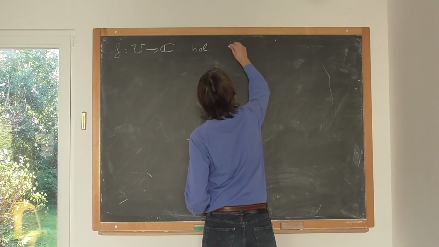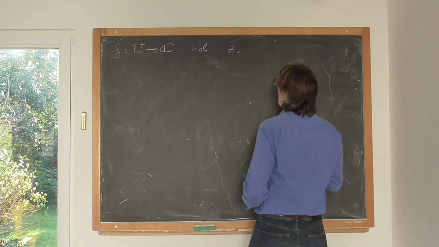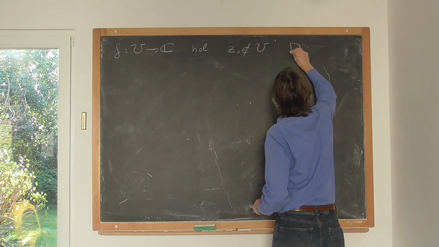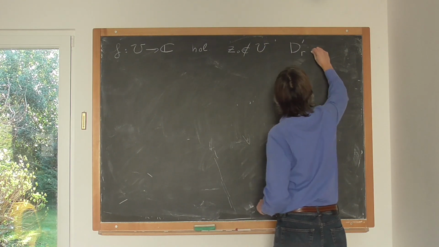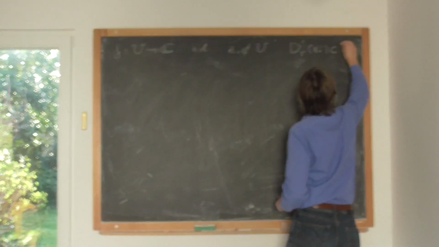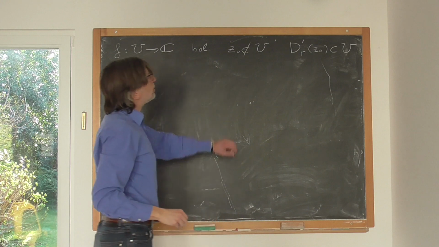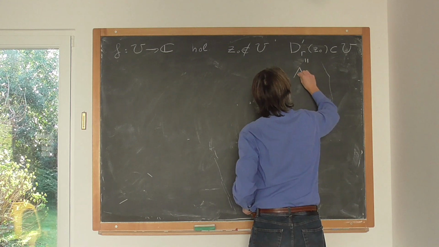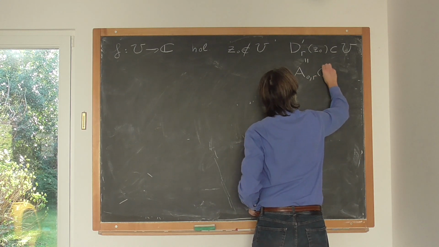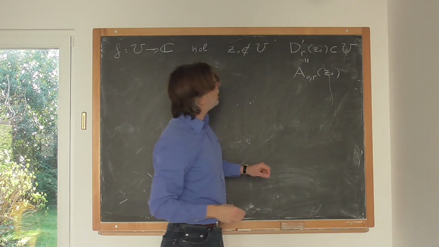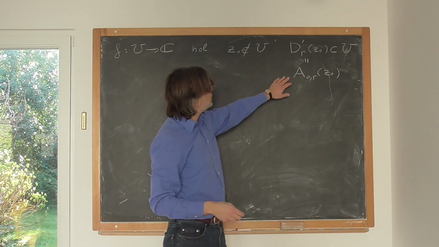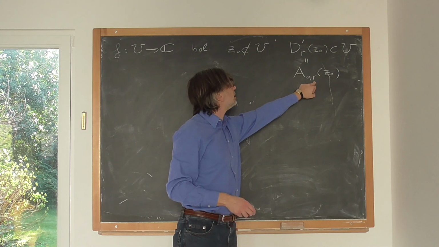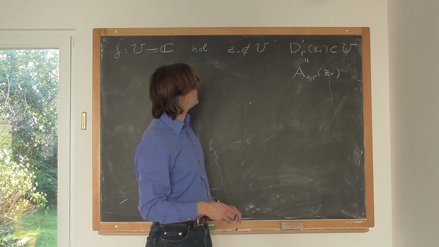And now Z0 is an isolated singularity, which means that it's not in U, but there exists a punctured disk of radius r centered at Z0, which is contained in U. So a punctured disk is the same as the annulus 0, r centered at Z0, with the notation of the first lecture. This is the annulus where the inner radius is 0 and the outer radius is r. So this is exactly the punctured disk.